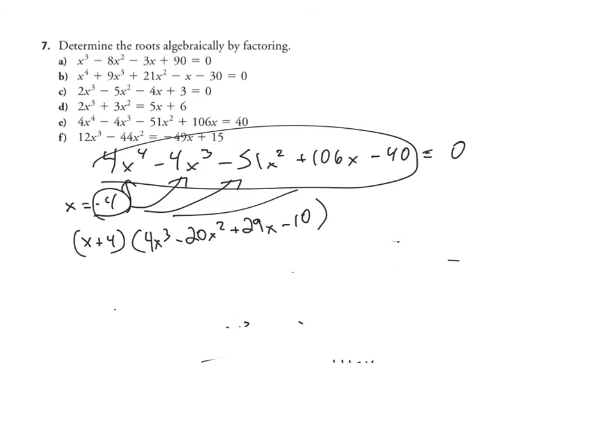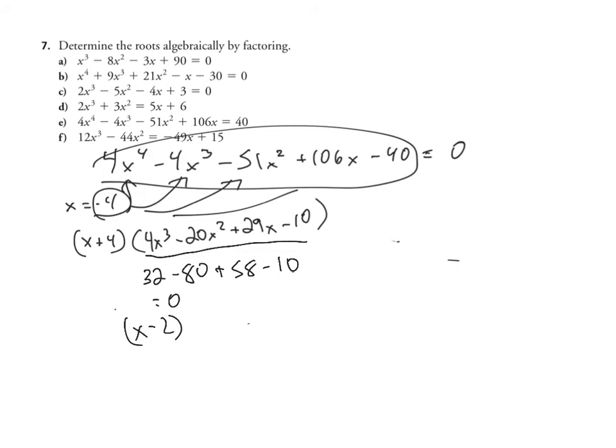So if I do 4 times 2 times 2 times 2, that's 8 times 4, 32, minus 2 times 2, 4, minus 80, plus 58, minus 10, we got minus 90, plus 90, so this is equal to 0. So sure enough, x minus 2 is also a factor, because if x equals 2 makes that 0, there must be a factor where when x equals 2, you get a 0. That's the one right there.